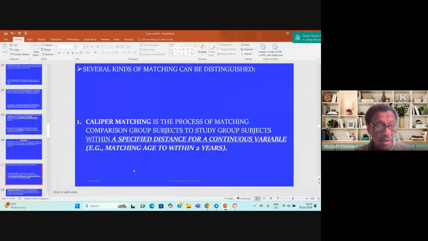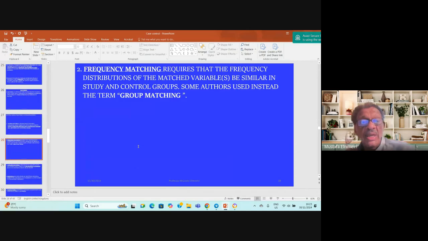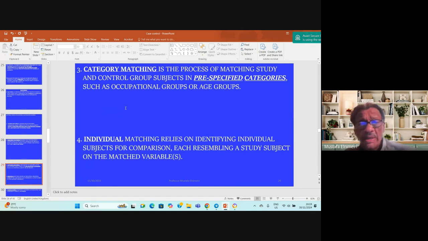Then we have frequency matching, which requires that the frequency distributions of the matched variables be similar in study and control groups. Some also use another term, which is group matching. Category matching is a process of matching study and control group subjects in pre-specified categories, such as occupational groups or age groups, for example.